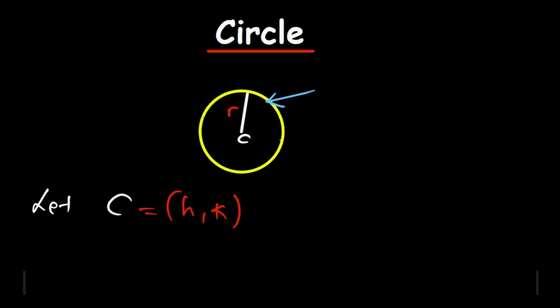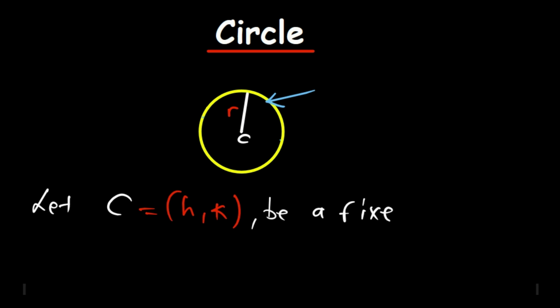Okay, now what else do we know about a circle? Let's now continue our definition. So let our center C be equal to h, k. Those are just coordinates, h representing x and k representing y for that coordinate. Okay, so let our center C be equal to h, k, and then of course it should be a fixed point.